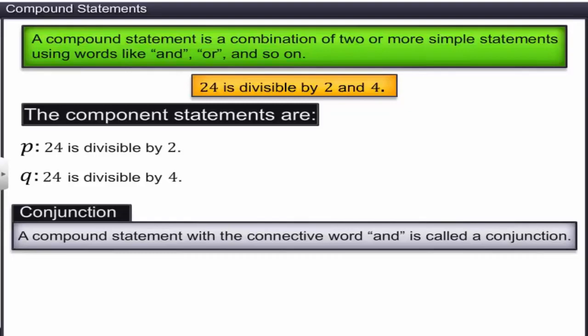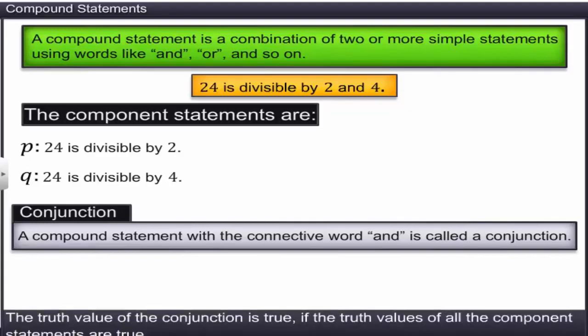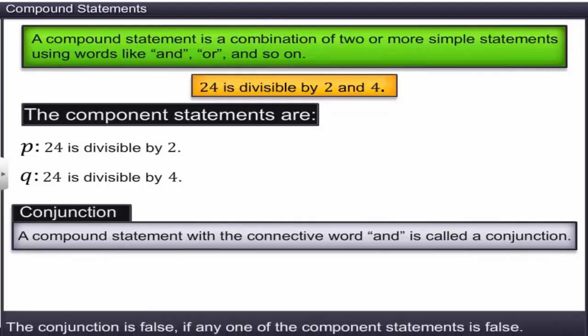The truth value of a conjunction statement depends on the truth values of its component statements. The truth value of the conjunction is true if the truth values of all the component statements are true. The conjunction is false if any one of the component statements is false.